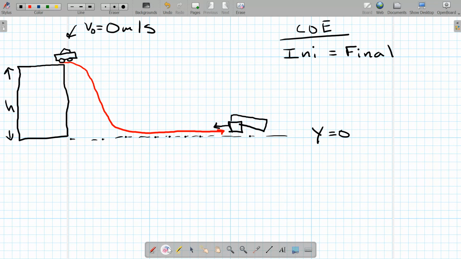And actually, I'm going to move that over here. This value is y equals 0 meters. And this would be like y naught, but we'll call it h. Okay? So the final position down here is 0. The initial position is h. Also, this car has a mass.